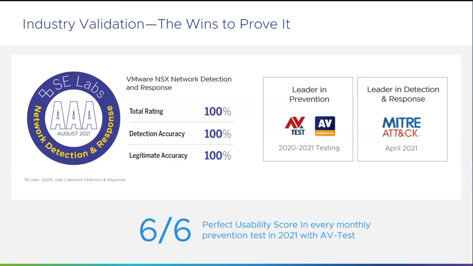And we're committed to continuously engaging with these leading testing organizations such as AV Test and MITRE to provide end user organizations with the objective data that they need to make good decisions about which vendors and which solutions they choose to procure.